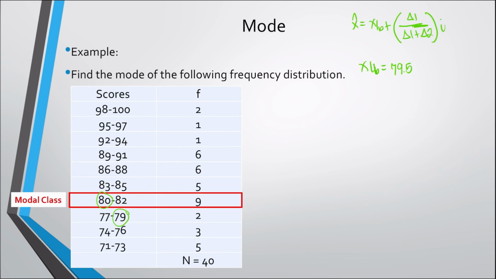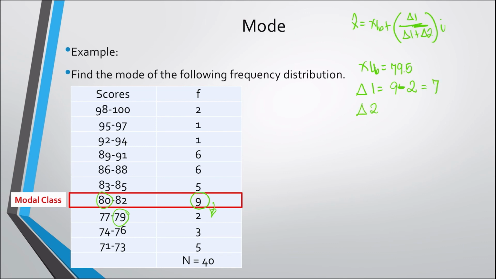Okay? And then, first difference. So, madali lang ito. Pagka first difference, ipagminus lang natin itong frequency na given na nasa modal class minus dun sa nasa baba. So, 9 minus 2. Okay? That is equal to 7.